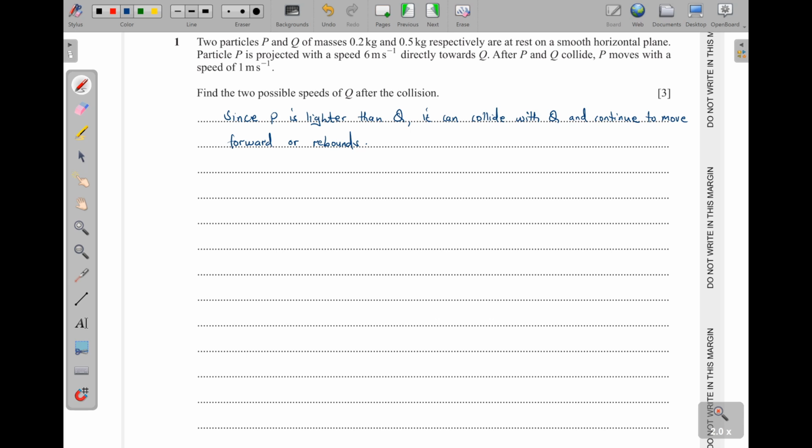So those are the two scenarios we are going to look at. Now let us look at when P moves forward.